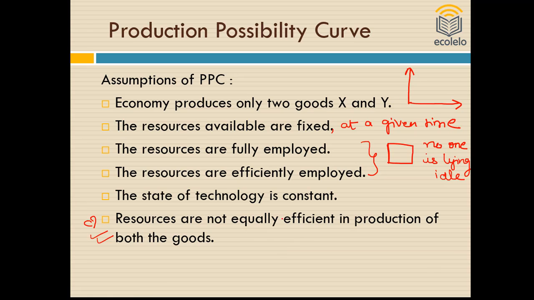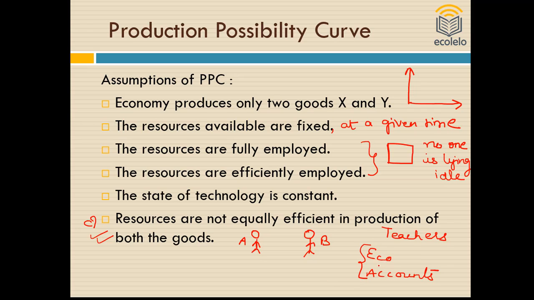Resources are not equally efficient in production of both the goods. We'll understand this with an example. Suppose there is this person and there is another person. Both are teachers. Now, Mr. A and Mr. B can teach economics and accounts, right?